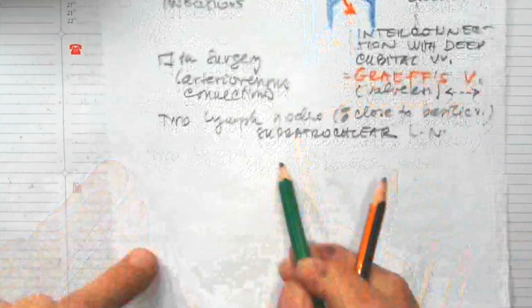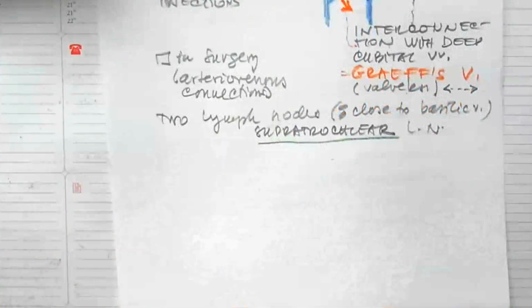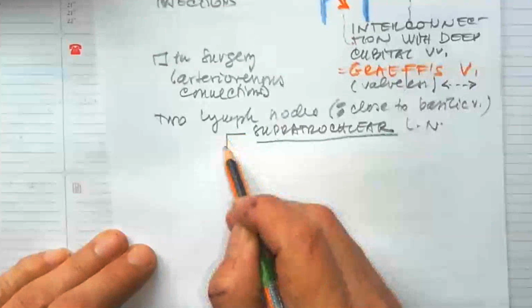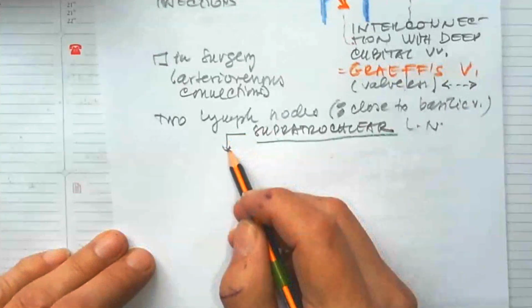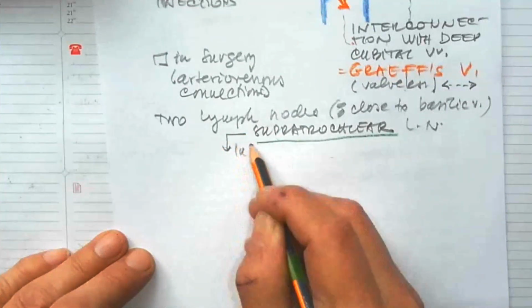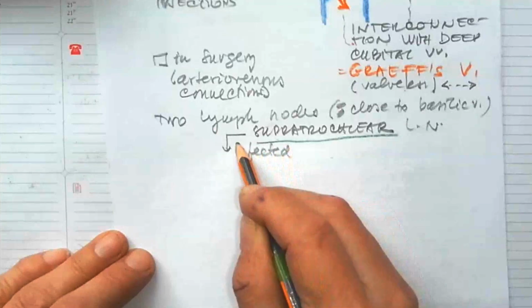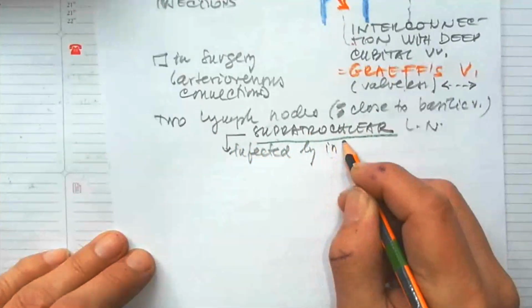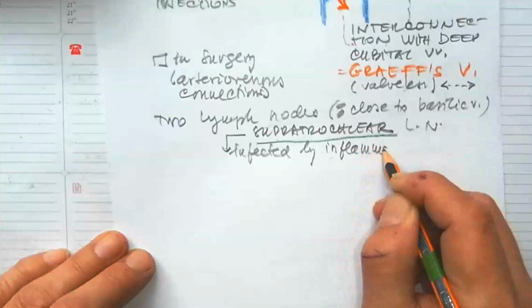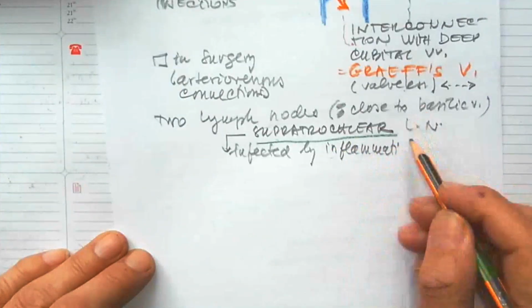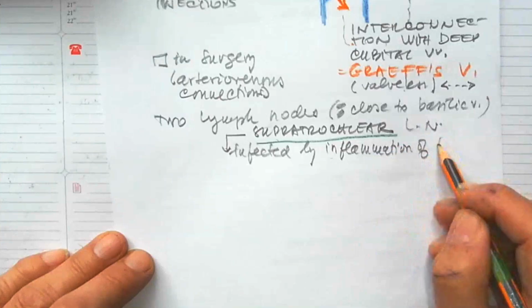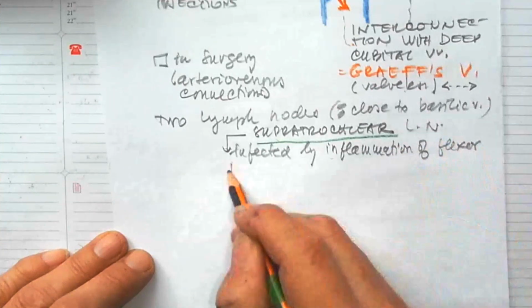Supratrochlear lymph nodes, maybe green would be good, and they become enlarged, become infected by inflammation or inflammatory process, inflammation of flexor tendons.